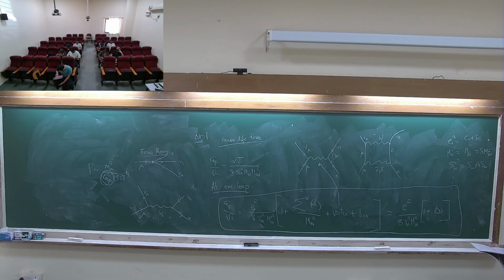And then the delta R is written in terms of delta rho as well as delta alpha essentially.